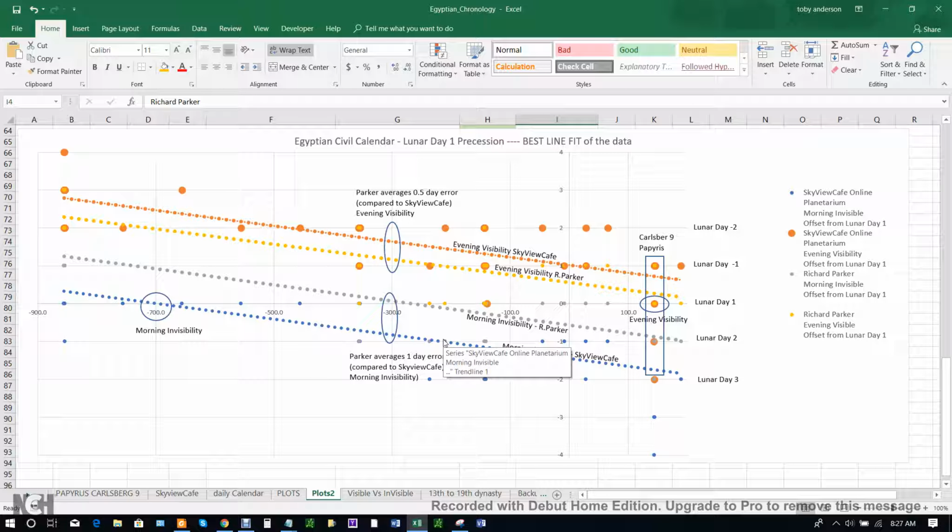So I really think that SkyViewCafe really is the best. It's better because it's more modern. It's a computer program, compared to Parker. Anyways, you look here. This is lunar day 1, and this is where the data crosses the curve.